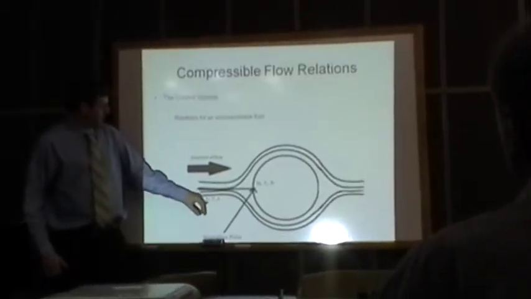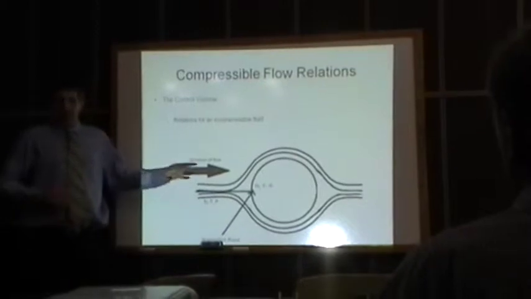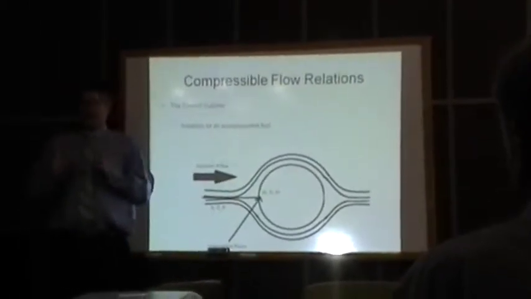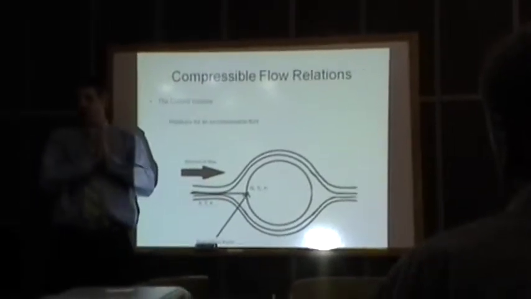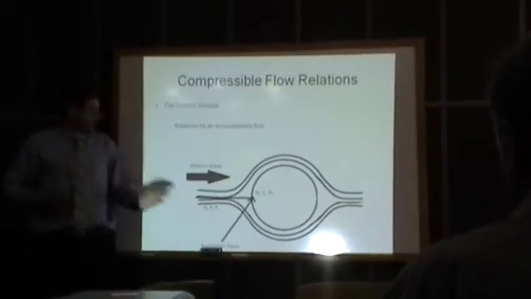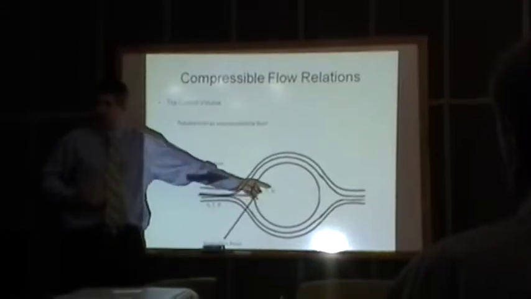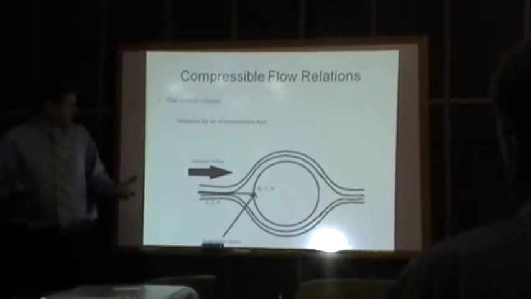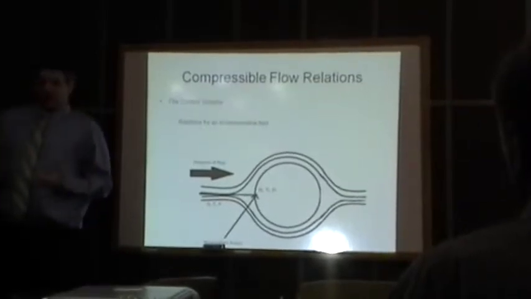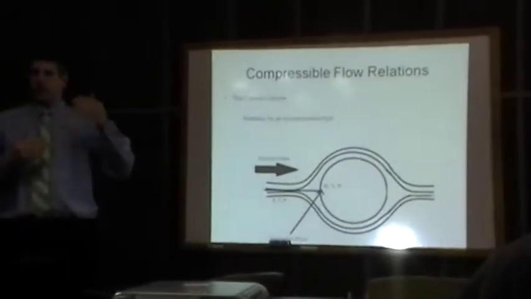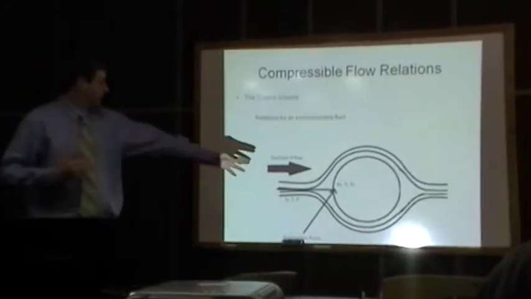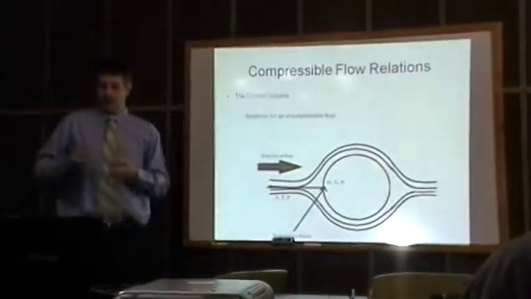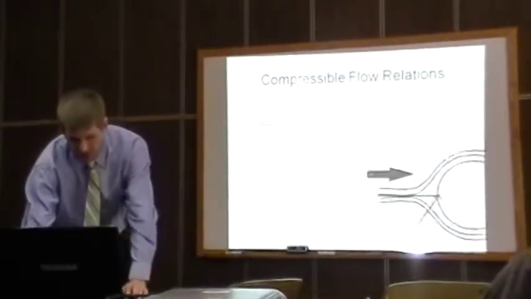So if we have these properties, enthalpy, temperature, pressure, and you could take all that energy and essentially stop it at one instant, and then look at the enthalpy, temperature, and pressure, that is what's called the stagnation point. The stagnation point is important because you can then reference your static properties further back in the system if you know the total energy that the system had at that point.